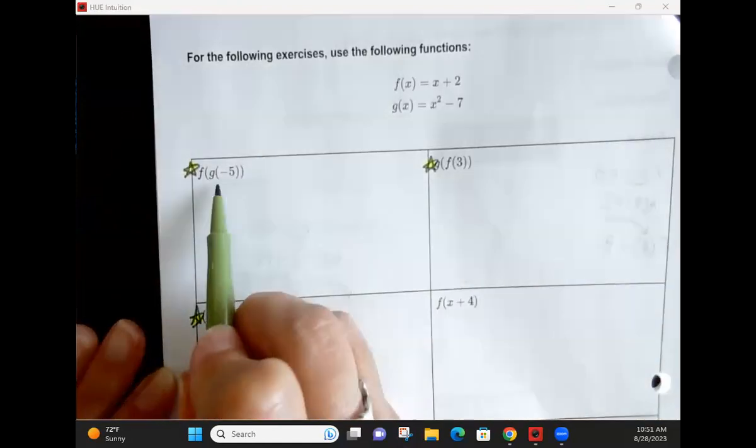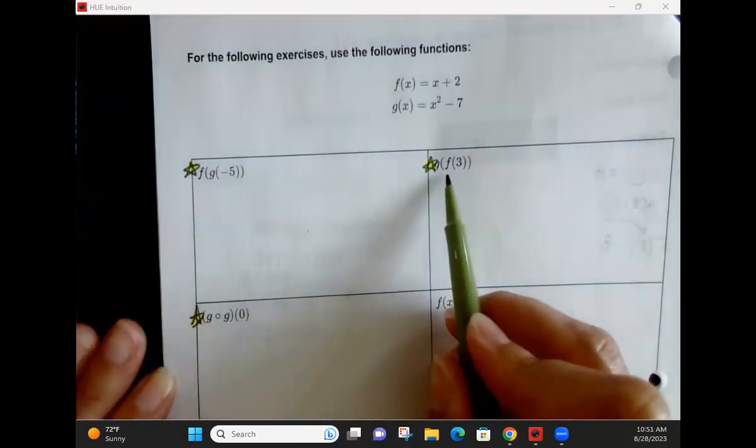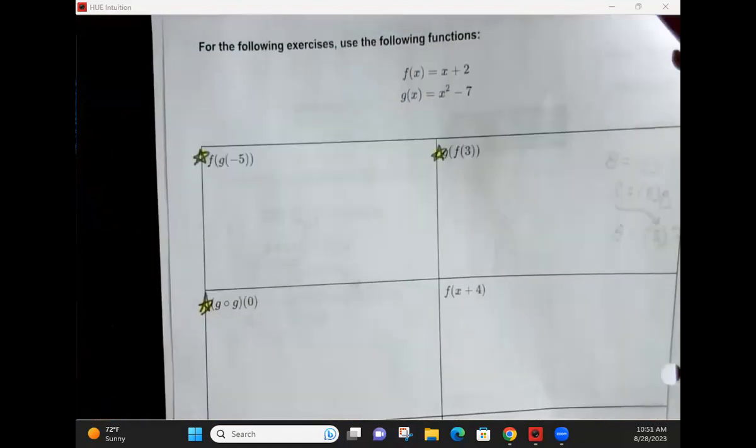I would like you to find f of g of -5, g of f of 3, and g of 0. So I want you to find these first 3. That's just like what we did last time. You try those. Again, using those 2 new functions, f of x and g of x, up at the top.